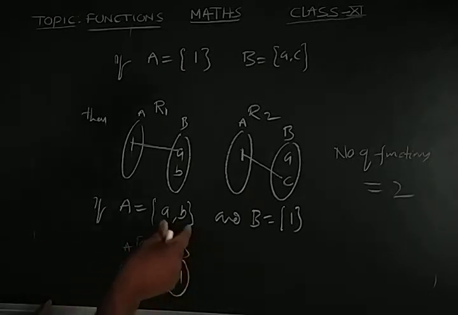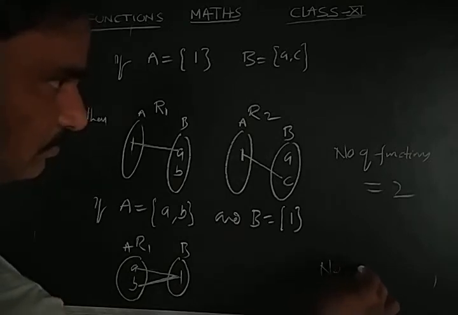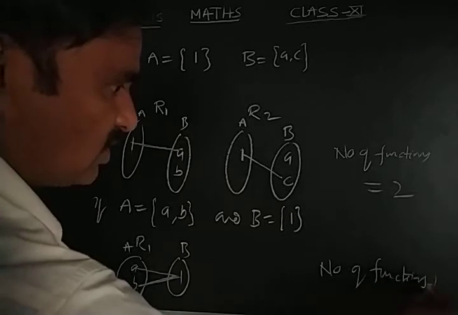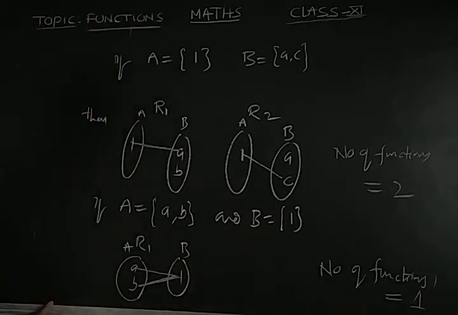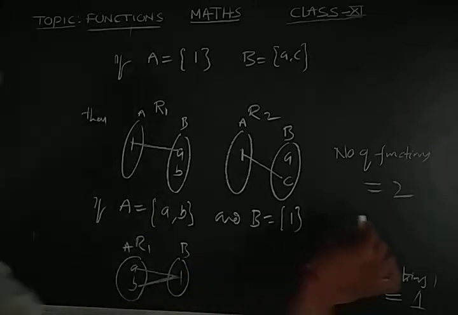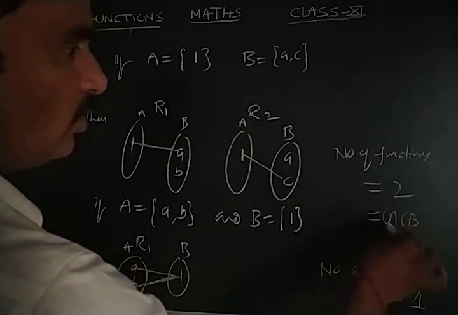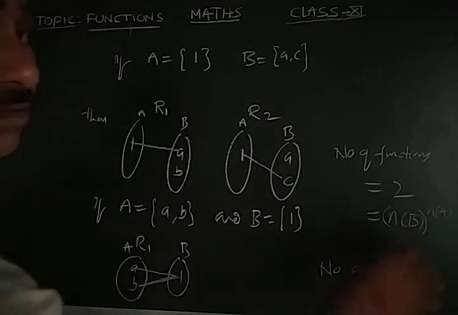Now see, if A has two elements and B has one element, how many functions are possible? Only one function. So the number of functions is 1. Okay. See here, the 2 you can write as the number of elements in B to the power of the number of elements in A. I am going to derive this formula.